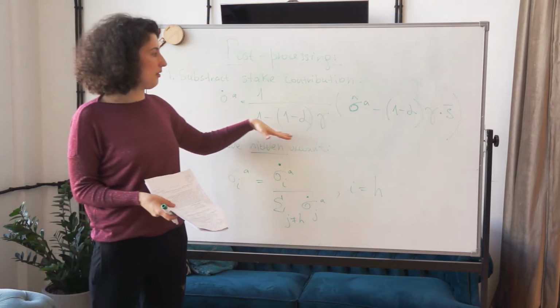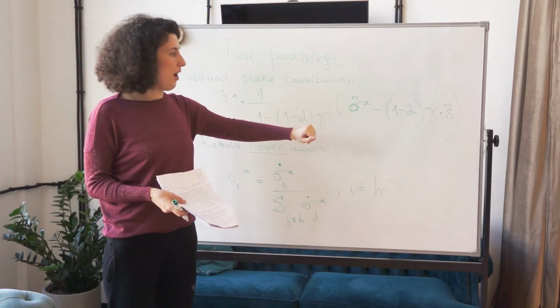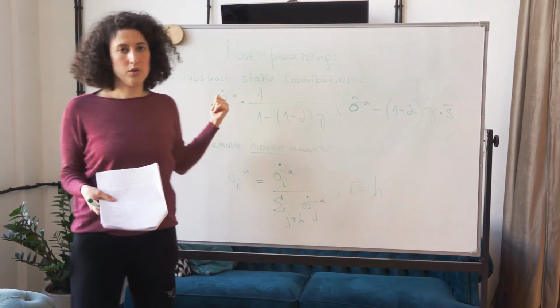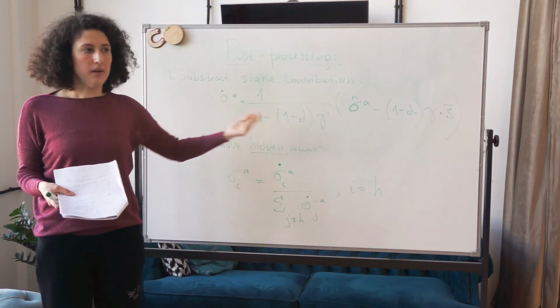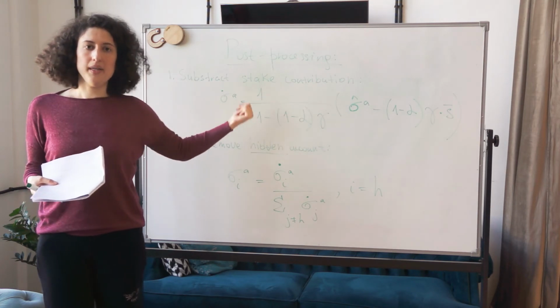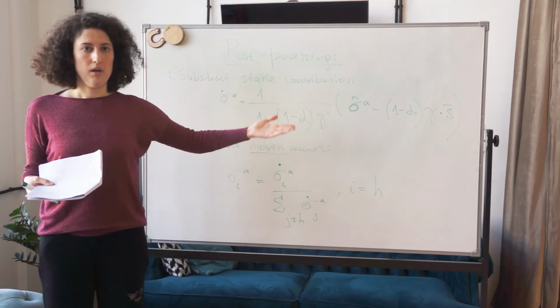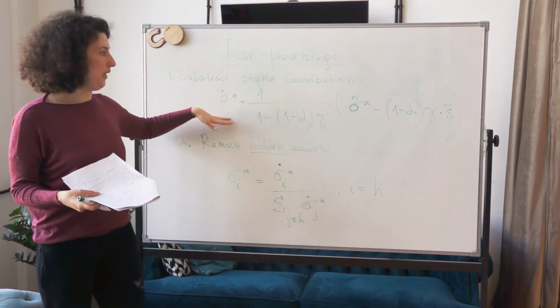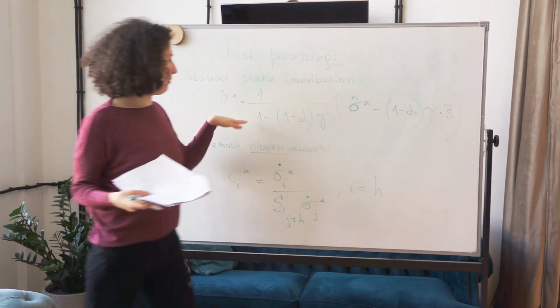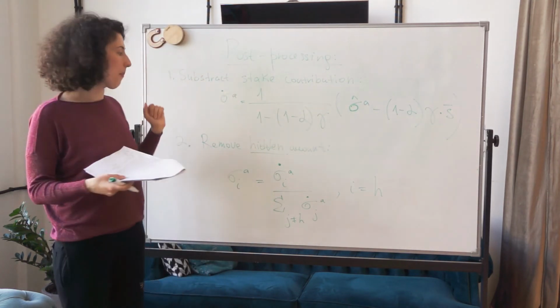Because we don't want your stake to influence your social rate. We only want the incoming activity from other users to reflect your social activity rate and not your own stake. And that's why we do this operation using this formula.